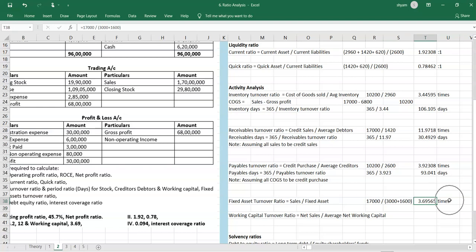The next one is also working capital turnover ratio.